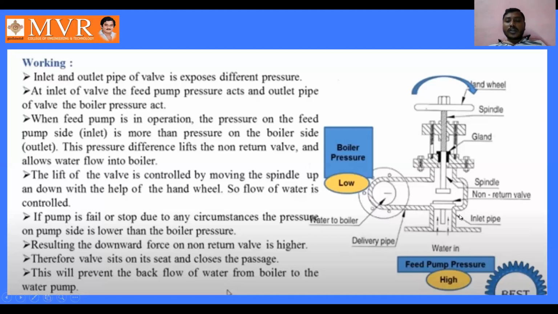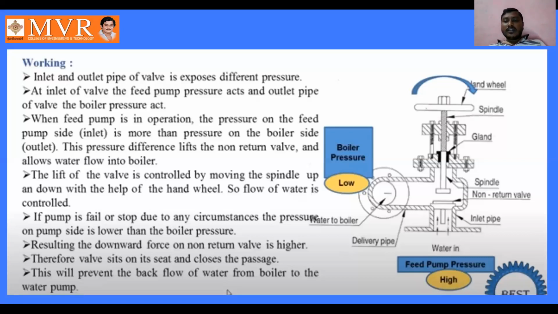For controlling such pressures, or for entering the water into the boiler, we control it by using this spindle. The spindle is controlled by using this handle. When we rotate the handle wheel in the clockwise direction, the spindle moves downwards and presses the non-return valve from upward to downward.